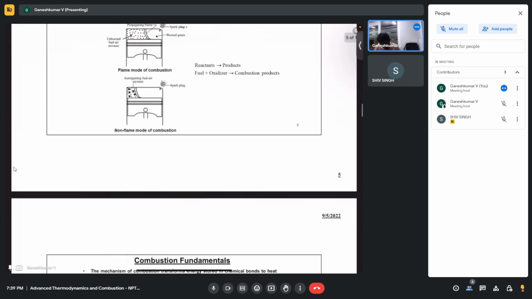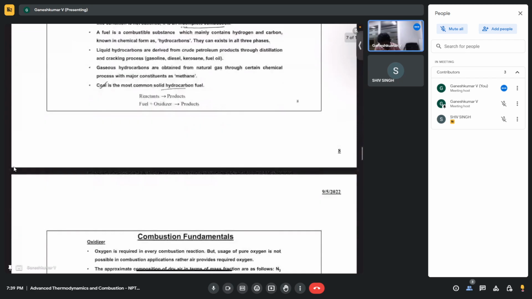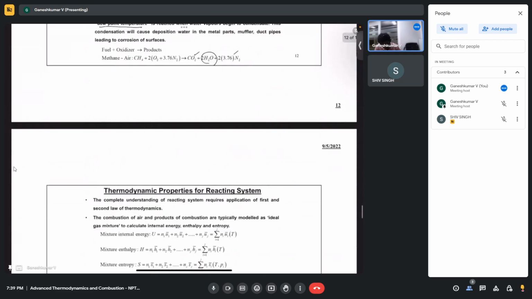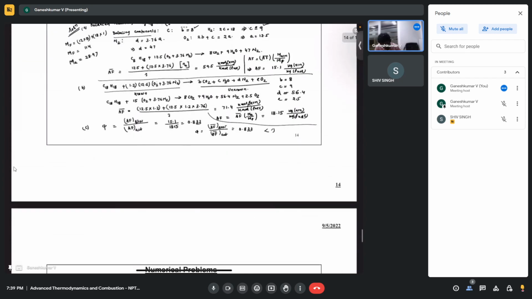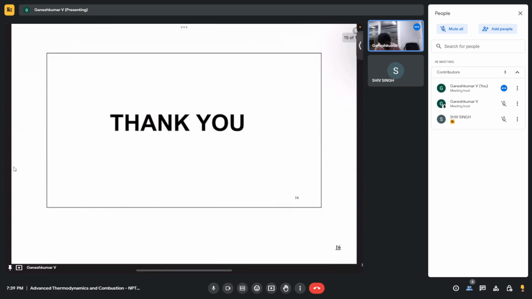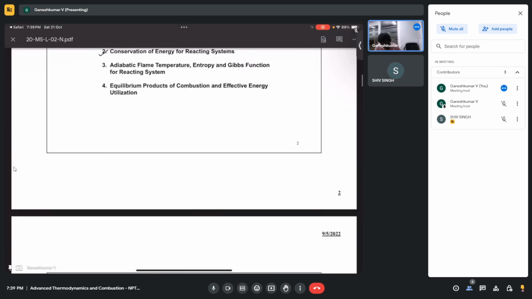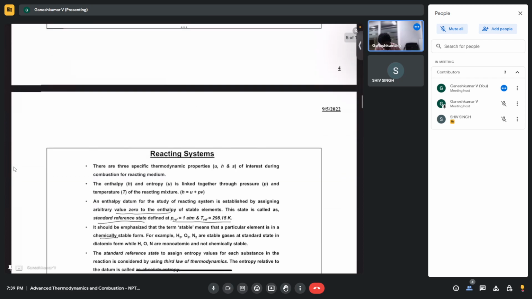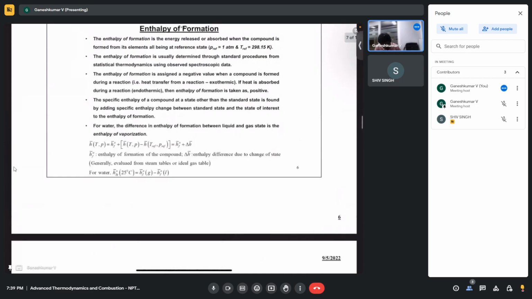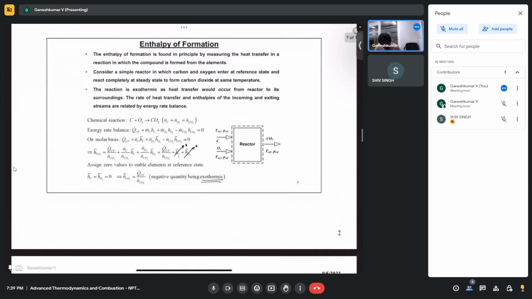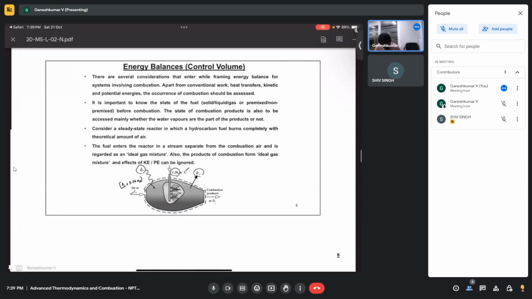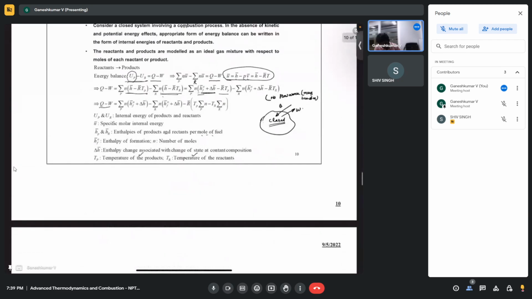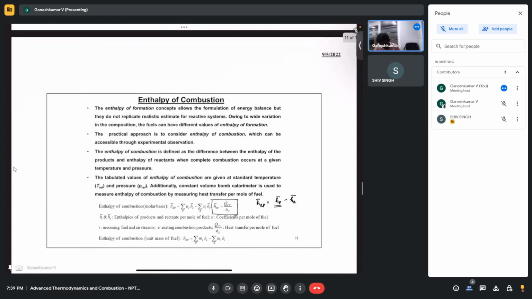So where is the heat of combustion? Enthalpy of combustion.